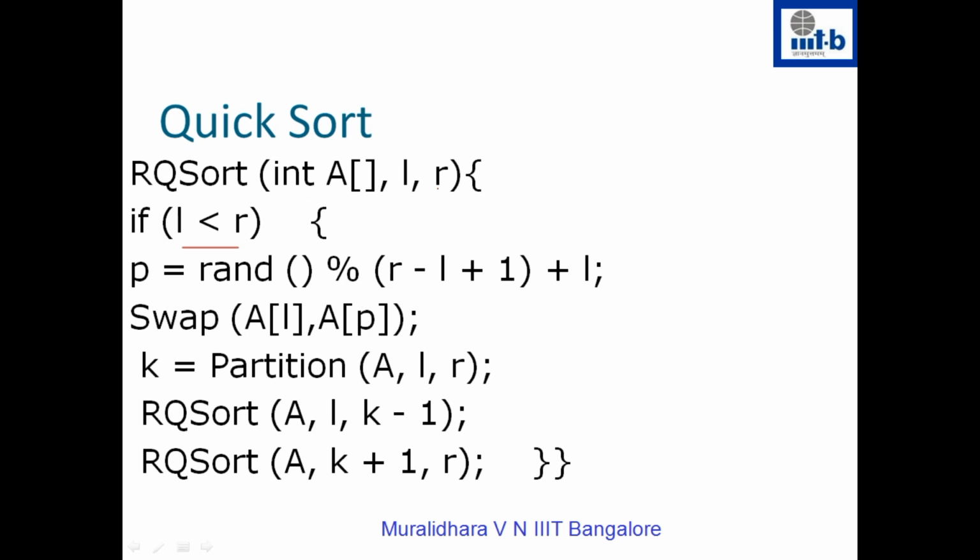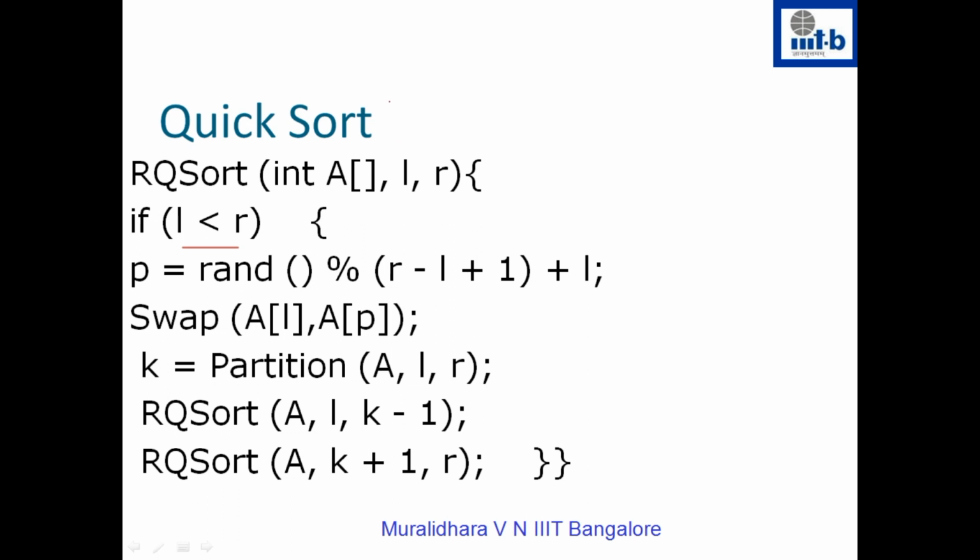In the randomized quicksort, what we actually do is that we first pick one of the elements from the given collection. Picking one of the elements is basically picking one of the indices from L to R uniformly at random. This rand function gives me a random number.